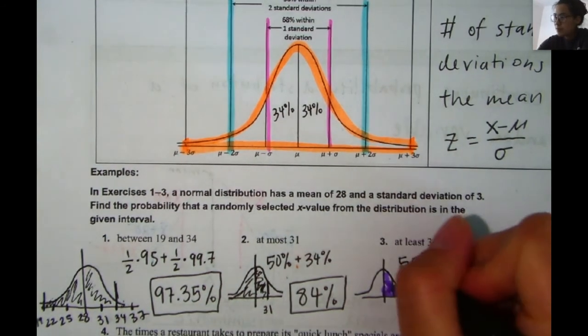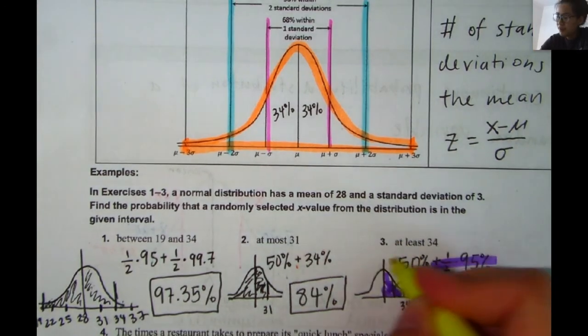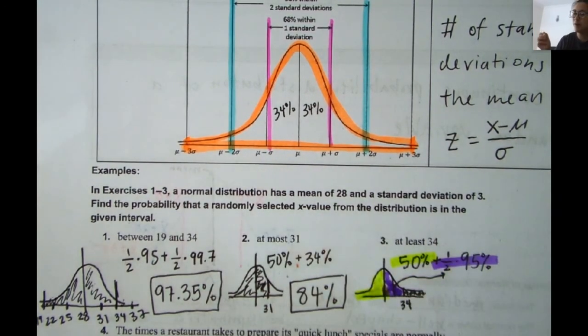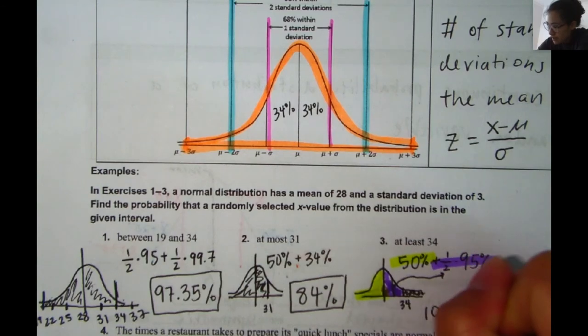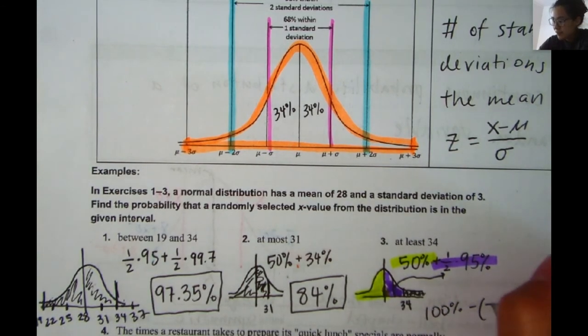Just as an FYI, the 50% is covering this portion, but what we wanted to find is the black part, so we do 100% minus all of that. So 100% minus, in parentheses, 50% plus 1/2 of 95%.